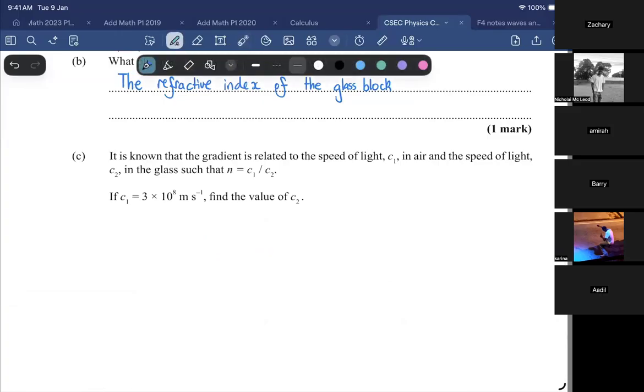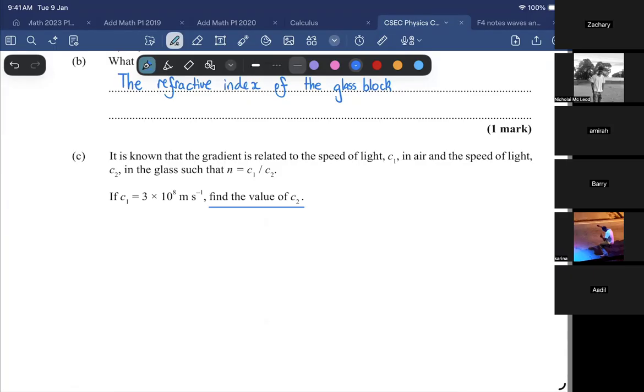All right. So Zachary, in this question, they want us to find the value of C2. First things first, Zachary, did they give us any formula we could use in the question? No, sir. There is a formula in the question they gave you.